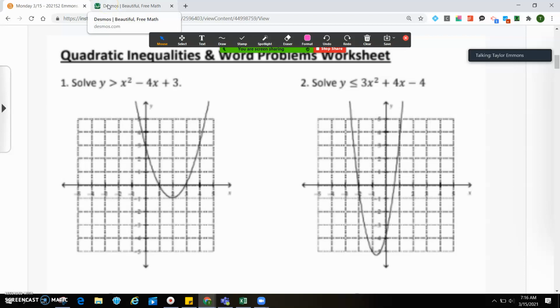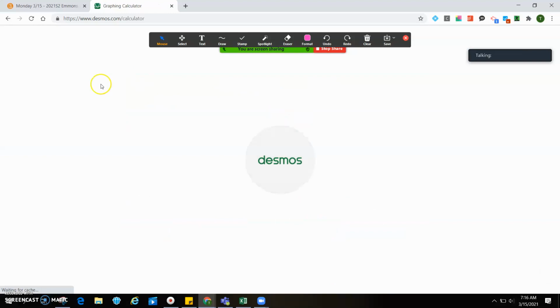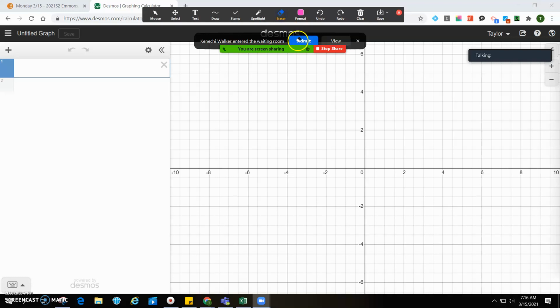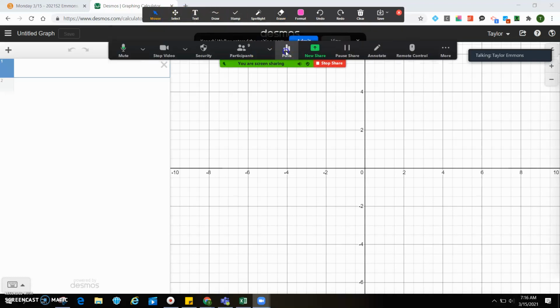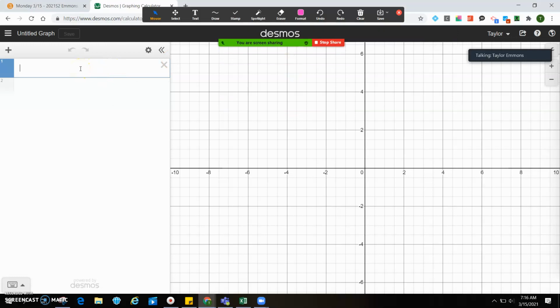Now, in order to graph it, you're going to take the function and just graph it like you normally would, right? So we're going to take x squared minus 4x plus 3 and put that into our Desmos. Okay. So once we get here, we're going to type in that function: x squared minus 4x plus 3.